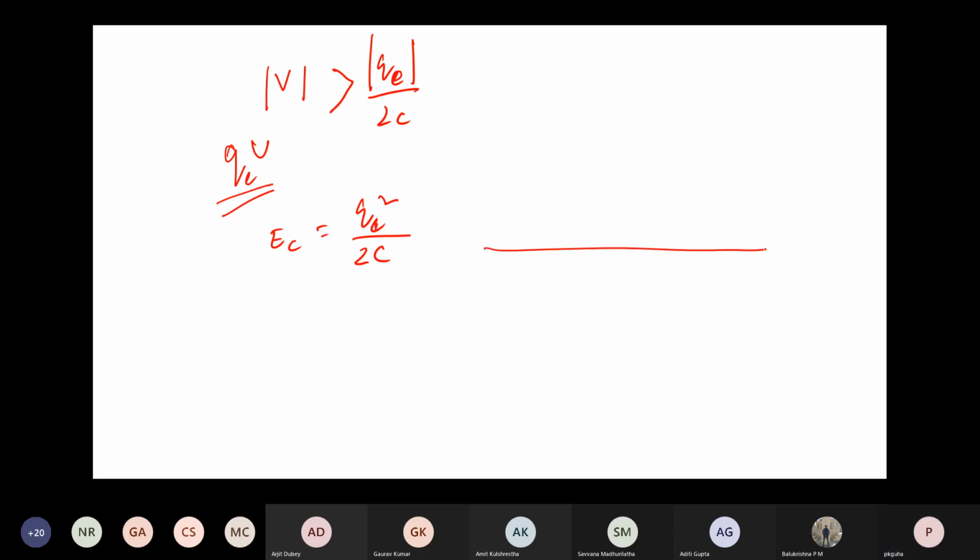So we can plot I over V, and this point is your mod Q_E over 2C.